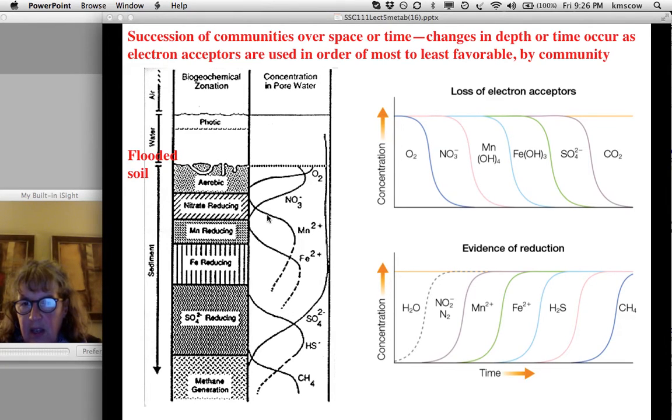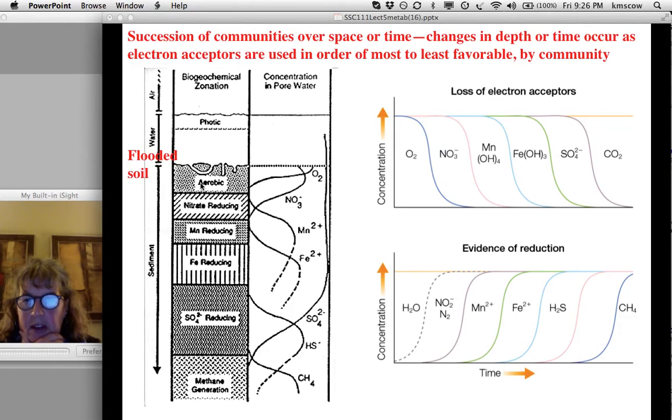And you can see that there's concentrations of different substances, and some of them are electron donors, and some of them are what? That's right, products of things being used as electron donors.